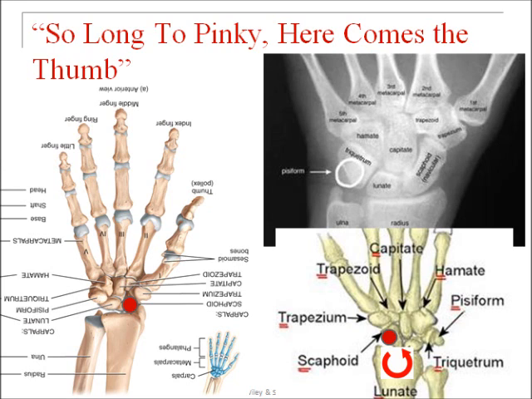We have 14 total phalanges on our 5 digits. Digit 1, which is the thumb, only has a proximal and distal phalanx. Digits 2 through 5, with 5 being the pinky, have a proximal, middle, and distal phalanx. Each of these phalanges is actually a little long bone in itself.